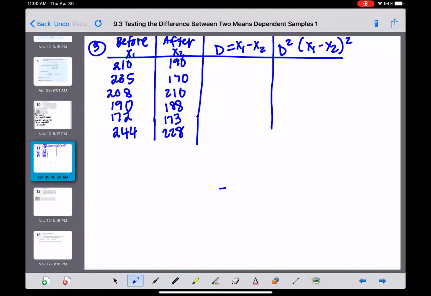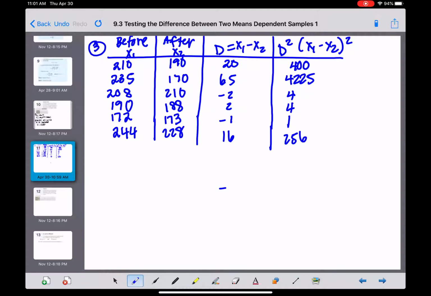So the difference, we're going to take the first column minus the second column. So 210 minus 190 is 20. Then we get 65, negative 2, 2, negative 1, and 16. Then we're going to square all of those. So 20 squared is 400, 4,225, 4, 4, 1, and 256.